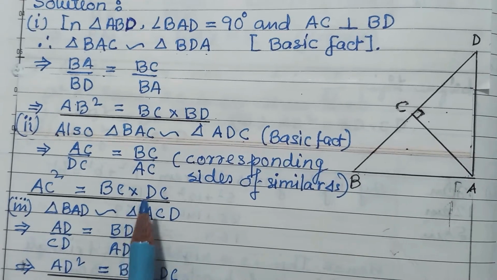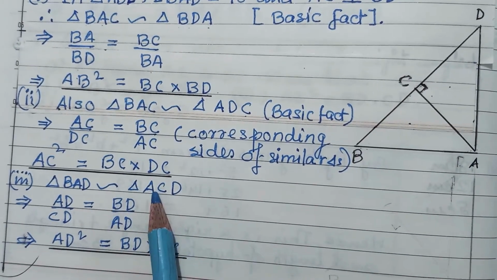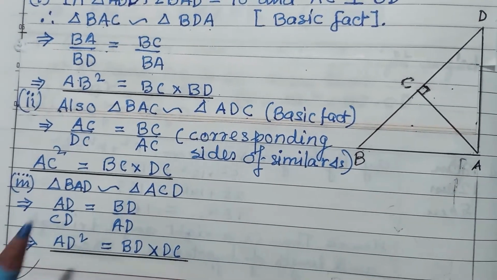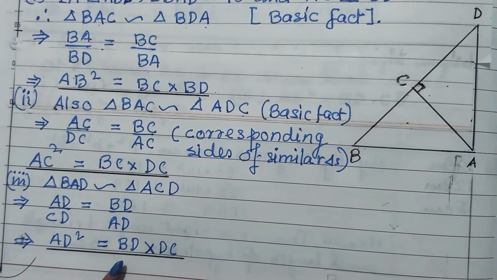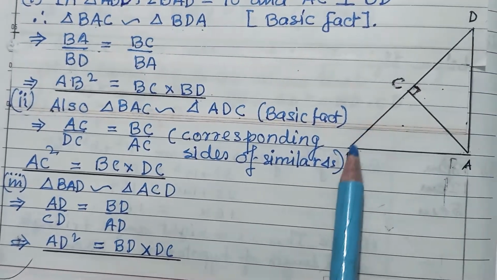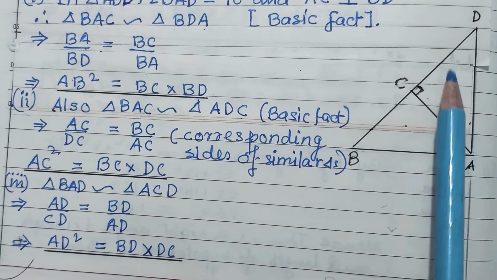Got it? Second one done. Third one, BAD and CAD. Why BAD and CAD? Because we have to prove AD square is equal to BD into DC. Now BD is the whole length, and DC is this much only.